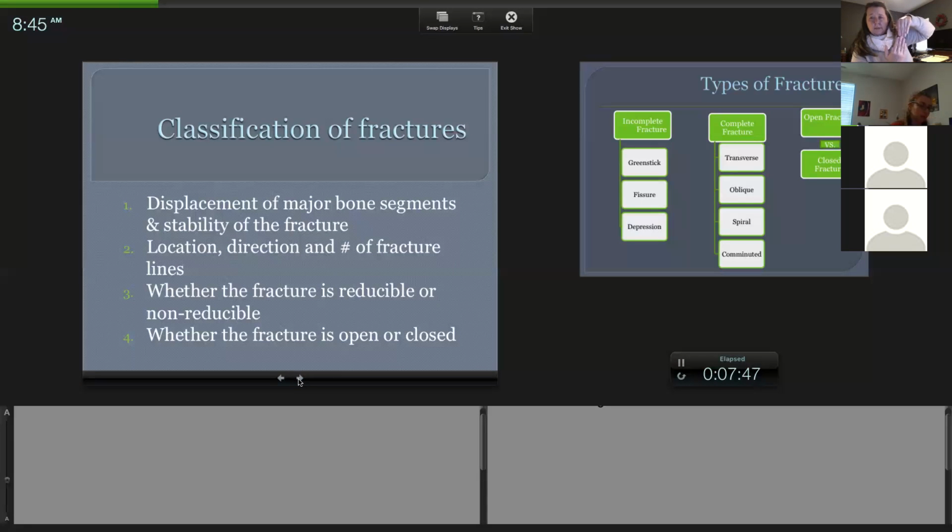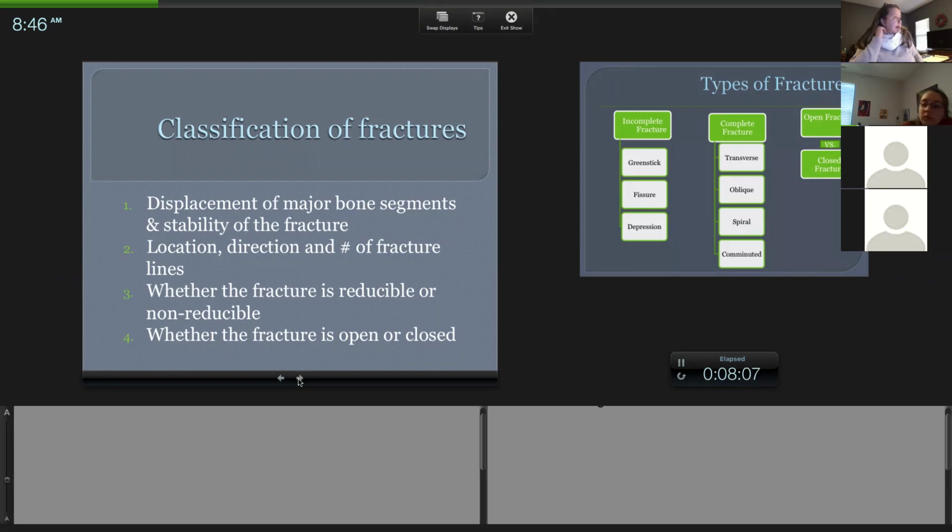So this fracture is going to be easier to treat than this type of fracture, okay? If the bone is broken and the fragments are in line, they are not displaced, so it is a non-displaced fracture. This is a displaced fracture, okay?